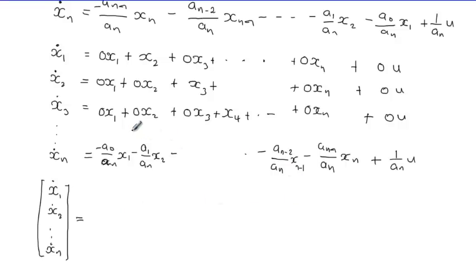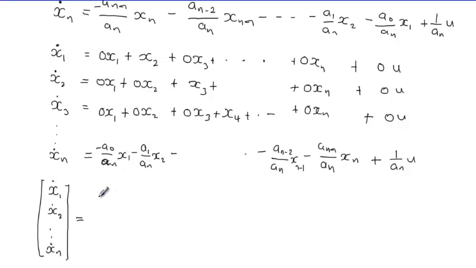And also here you can divide this into two blocks: the block of xn's, and then the block of u's.